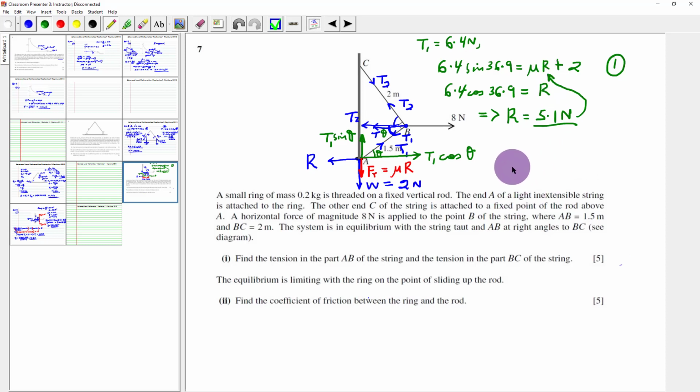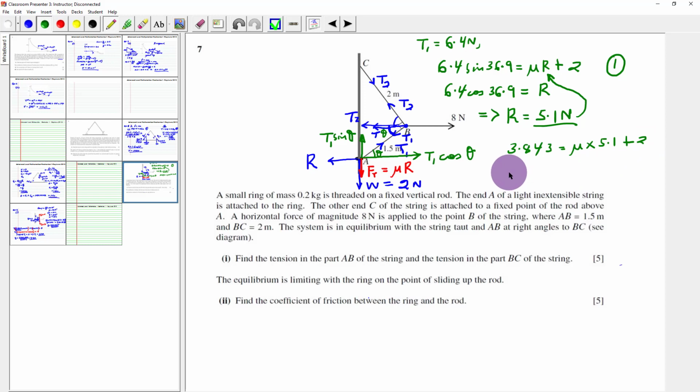So 6.4 sine 36.9 gives me 3.84, and 3.84 is equal to mu times 5.1 plus 2.